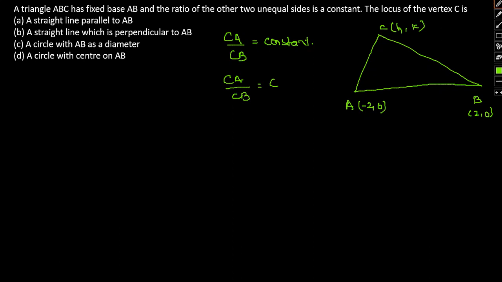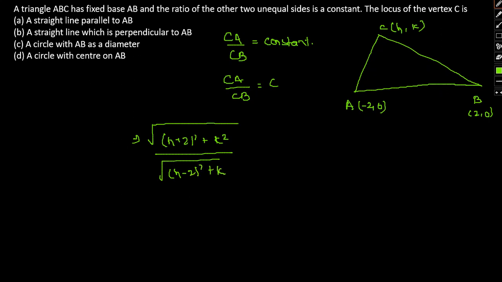Now let's write CA, so it will simply be square root of (h plus 2) whole square plus k square by square root of (h minus 2) whole square plus k square equal to constant.